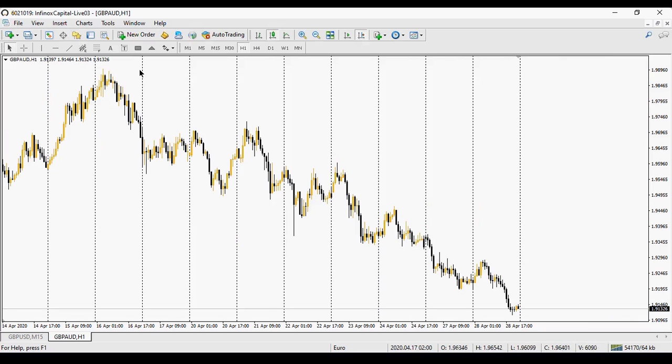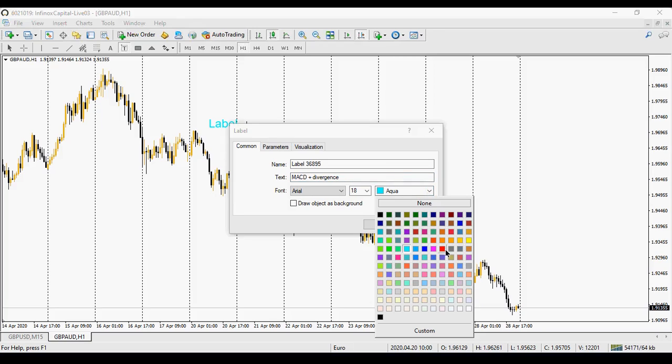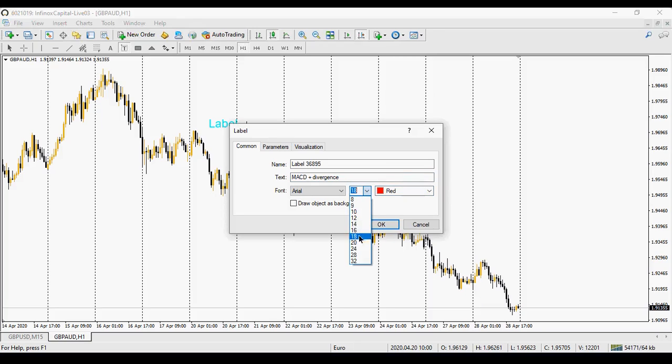We're going to look at how you can use MACD plus divergence as a very powerful trading strategy.